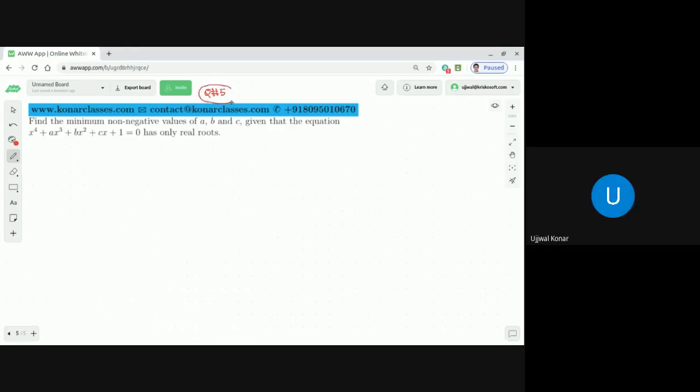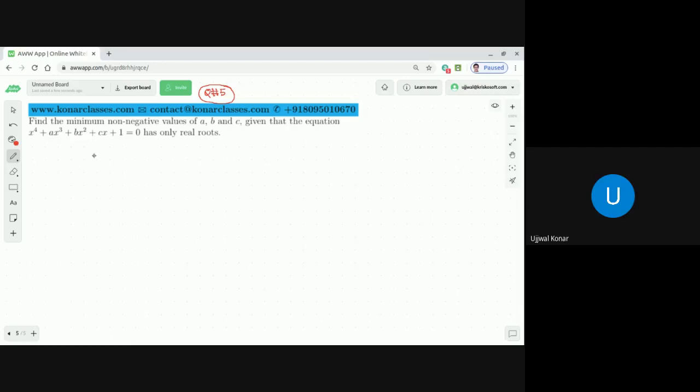Time is a very important parameter, not only for examination but for our preparation also. Today, if you do not make use of time properly, it is going to be difficult. Anyway, let's approach the solution to this problem. Let's consider f(x) equal to this polynomial expression that has been given. Okay.